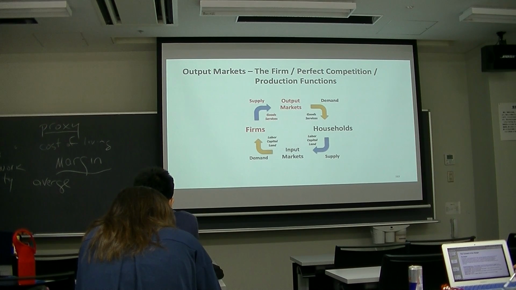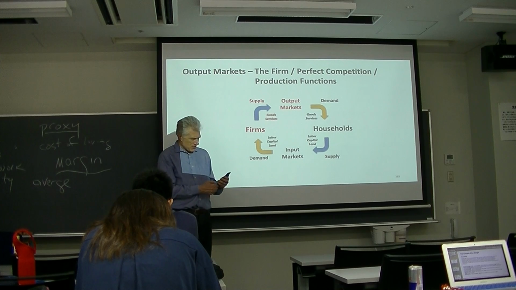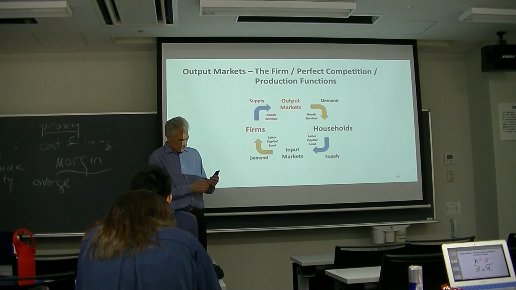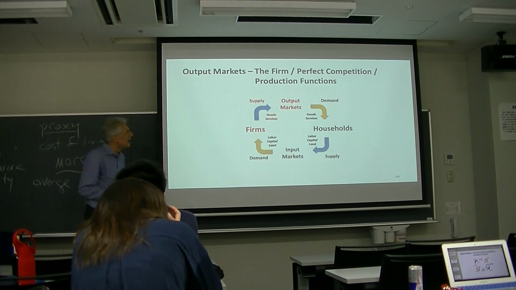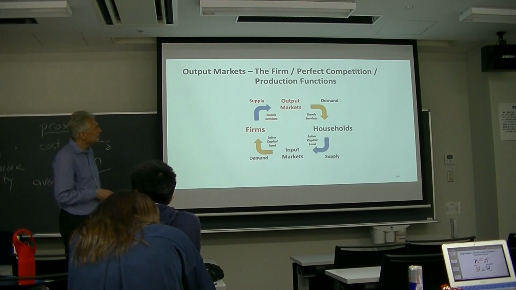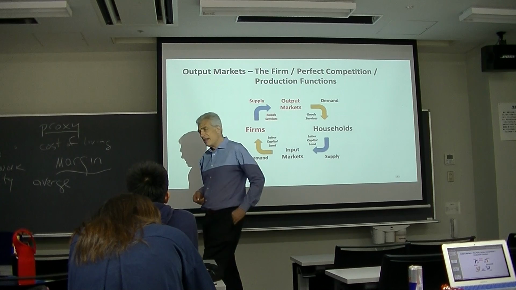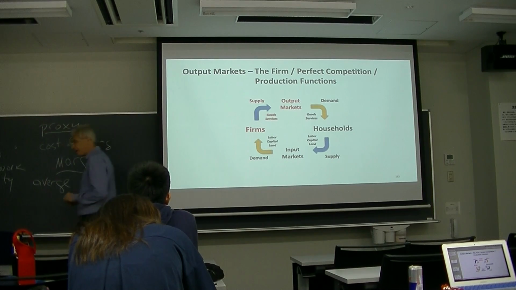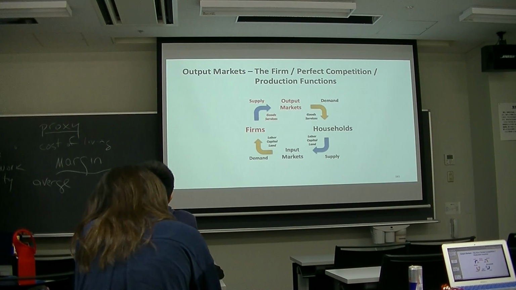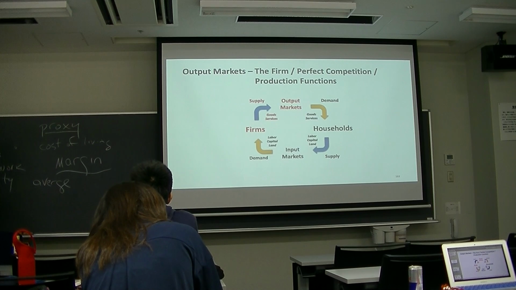Now we just have a few more minutes, and I'm going to talk, just to open up the discussion, for 8 more minutes, on perfect competition and production functions. I don't have that prepared today, but I'm going to bring the ants into the discussion here, and you'll see why.